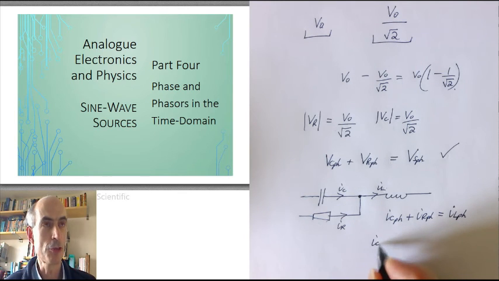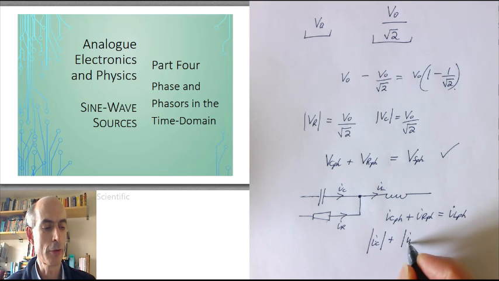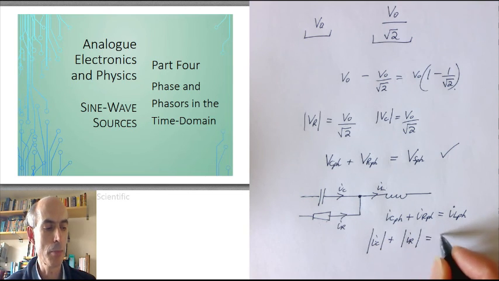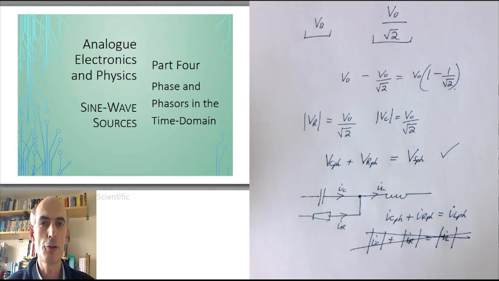But what we cannot say is that the magnitude of the current through the capacitor plus the magnitude of the current through the resistor is equal to the magnitude of the current through the inductor. It isn't. We're losing the phase information.